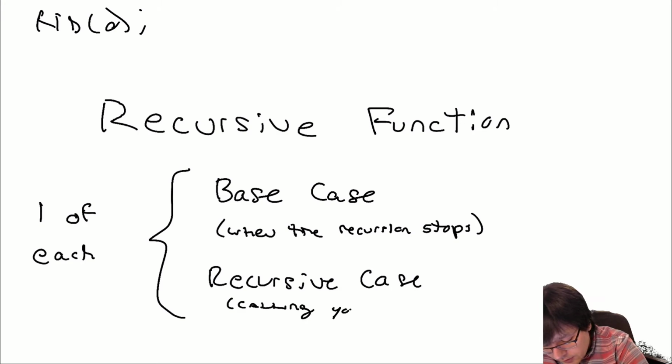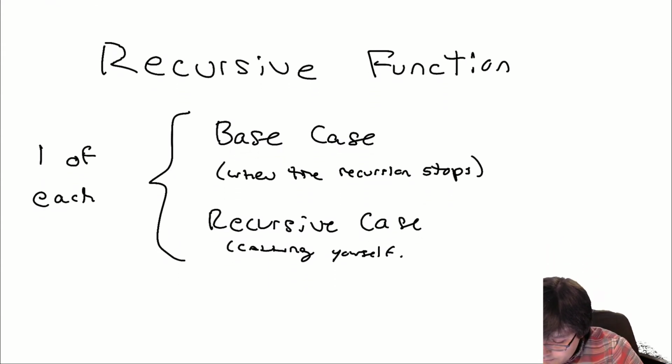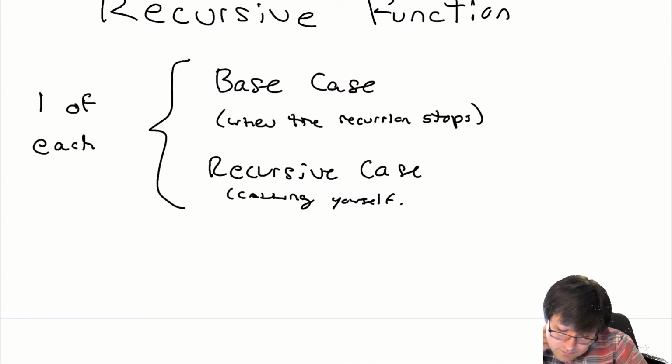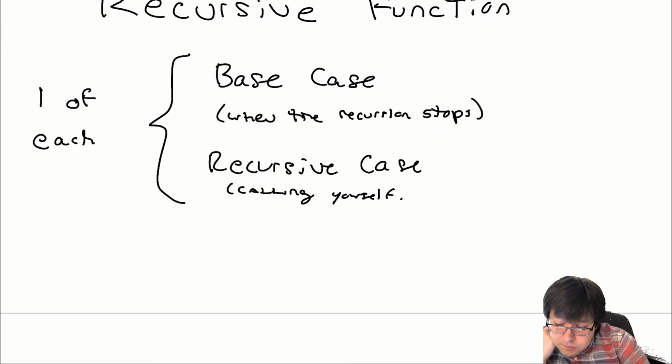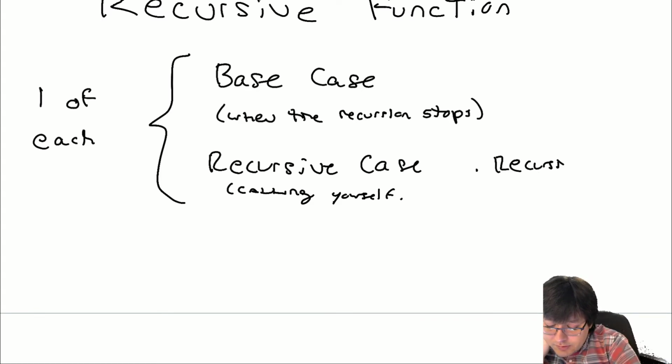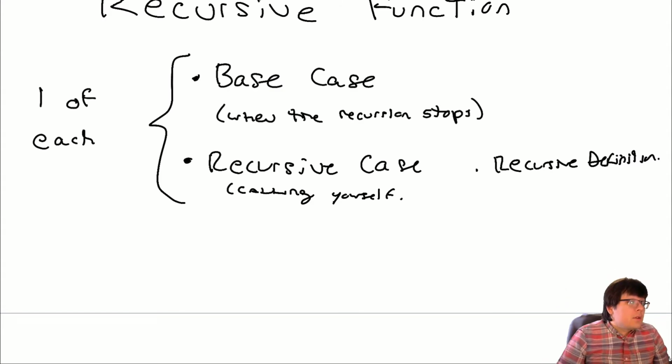And by calling yourself, I'm saying the function calls itself, okay? This is also known as the recursive definition, I think. But yeah, you want to have those two components in any recursive function.